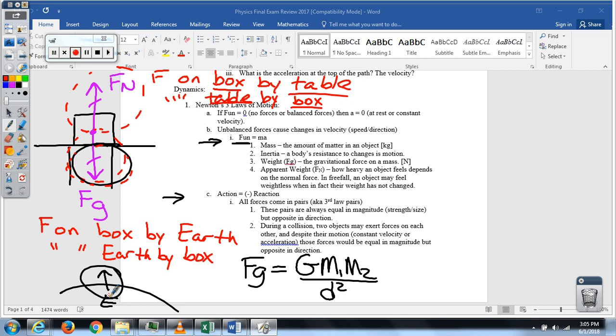So there's a normal force here that the table is feeling from the box, and that's a completely different force that's not on this diagram, and these two forces are the same. These two are linked.